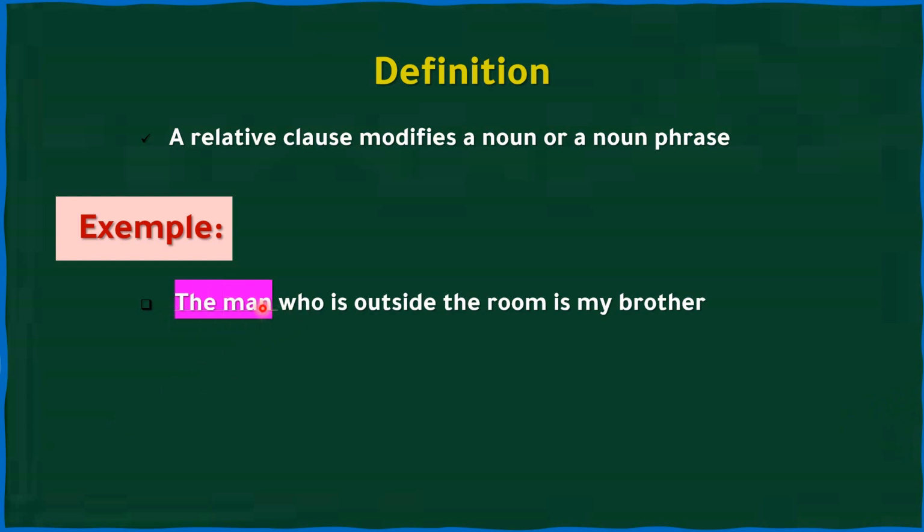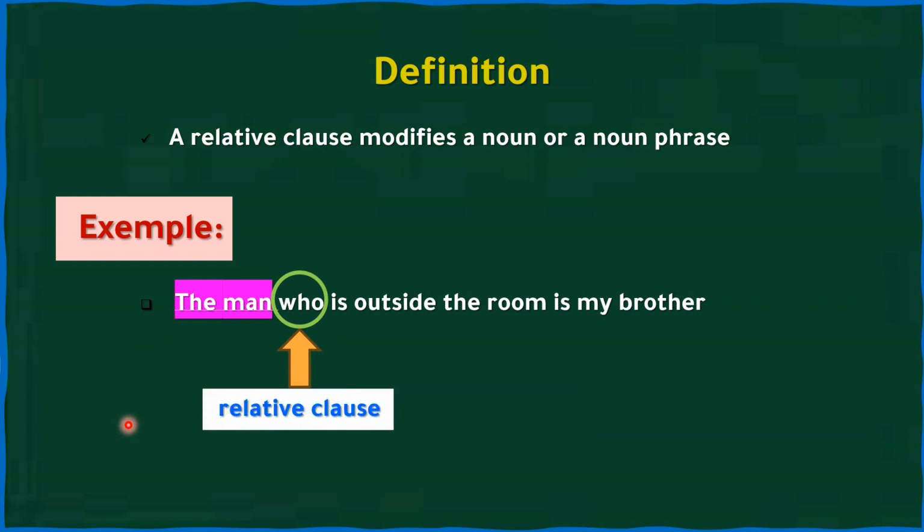Because here it is a human being. The man means people. It's the man. It is a noun phrase and not a noun. Why? Because we have the modifier the and the noun man.